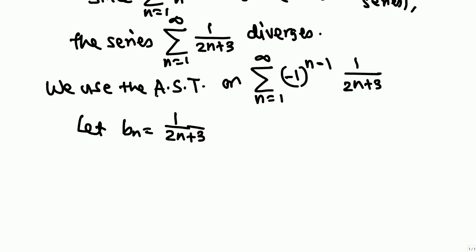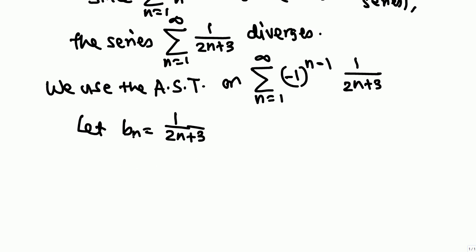The alternating series test is used to show convergence. All we have to show is that the bn's are decreasing and that they decrease to 0. First we need to show the bn's are decreasing.